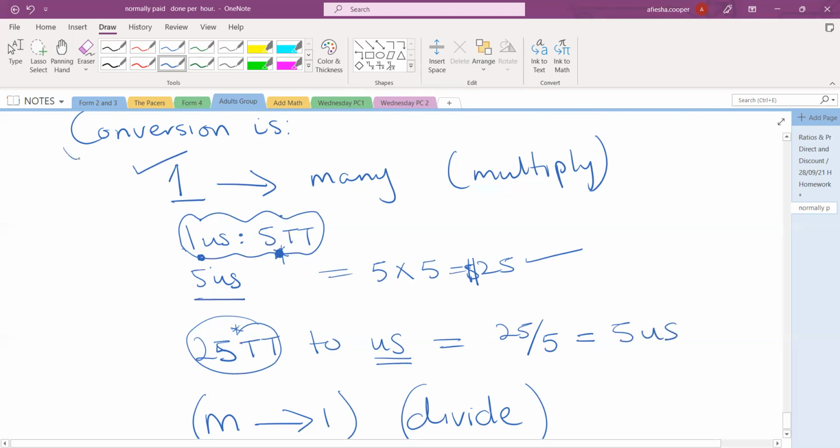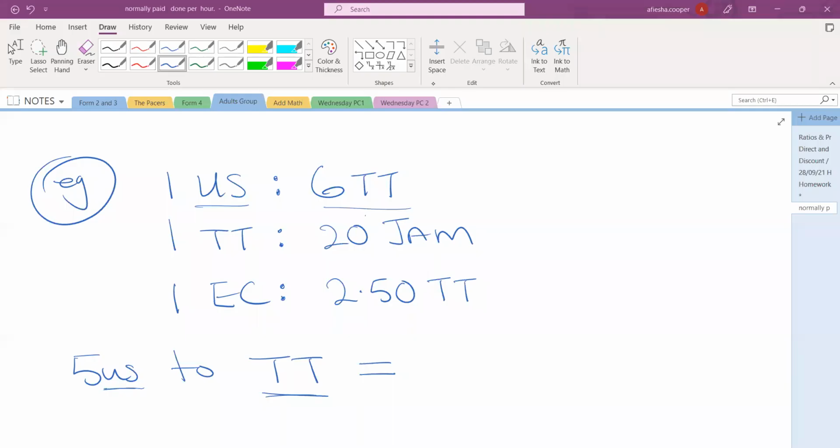Write it down. We'll go through another example. We have 1 US to 6 TT. Because we are converting US to TT, it's a 1 to many relationship.